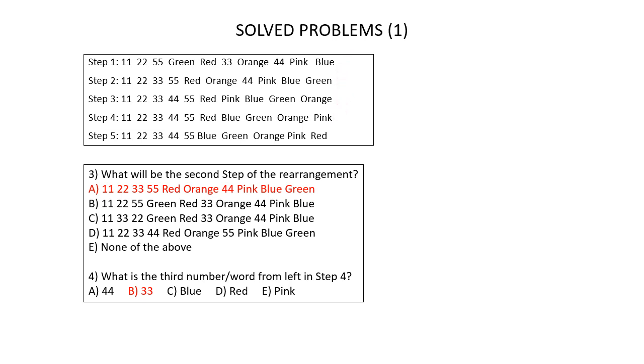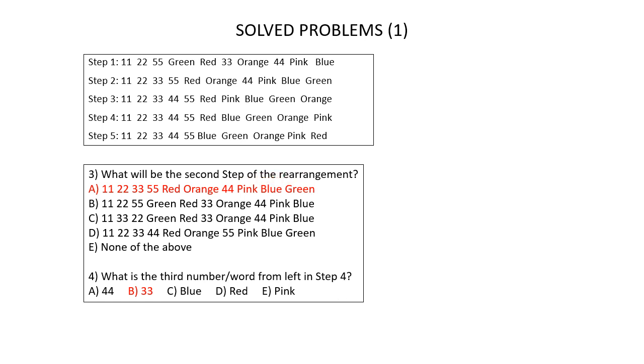These are the rearrangement steps and the final output for the given input. Now based on these rearrangement steps and the final output, let's answer a few more questions. Question number 3. What will be the second step of the rearrangement? Here you are given 5 options and you have to find out which of these options is the correct one. So here you are asked to find out what is the second step of the rearrangement.